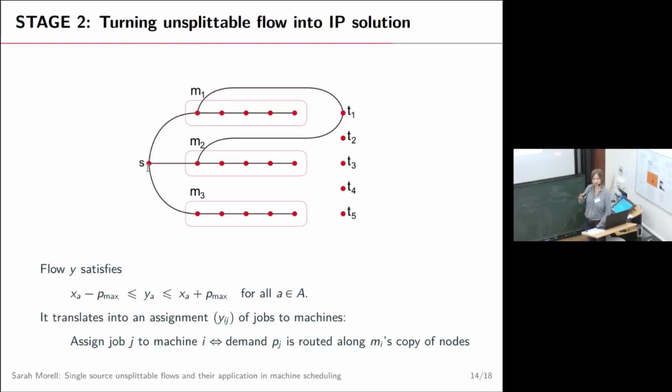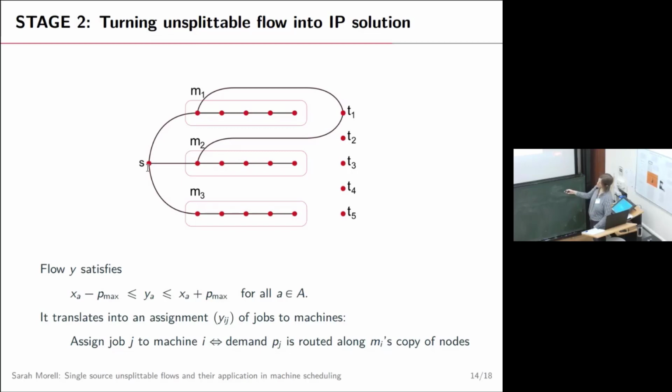We have an unsplittable flow now in this graph. So a job j can be assigned to a machine M_i whenever the demand is routed along this copy of nodes corresponding to the machine M_i. So for the first node, for example, if I have chosen this path here for the unsplittable flow, of course job 1 is assigned to machine M1.